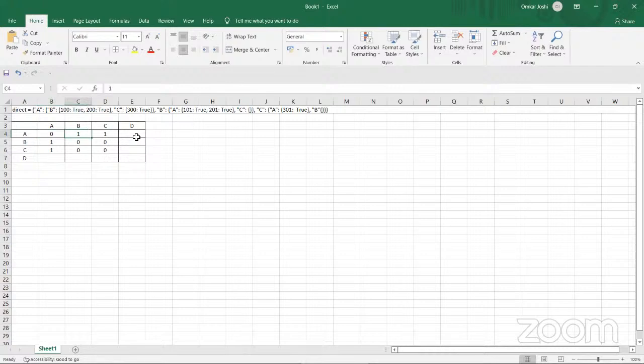So this is 0, this is 0, AD is 1, this is 0, 0, and this is 1. This is how your original matrix will look. Yes. How will you find a hop, if you say A to B, right?